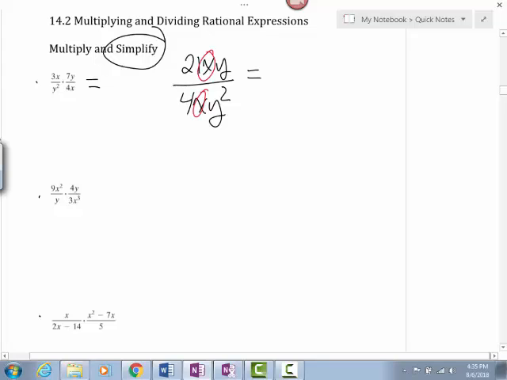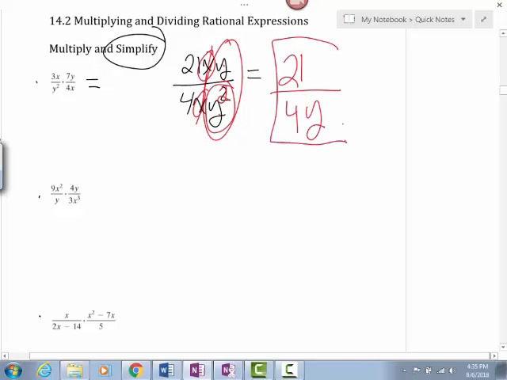So this x and this x will cancel out. 21 and 4 will not, so I'm going to leave those alone. If I look, on the top I have a y, on the bottom I have a y squared. So I have an additional y down here. So one of these y's will cancel with one of those y's, but I'm still going to have one y left over, right?